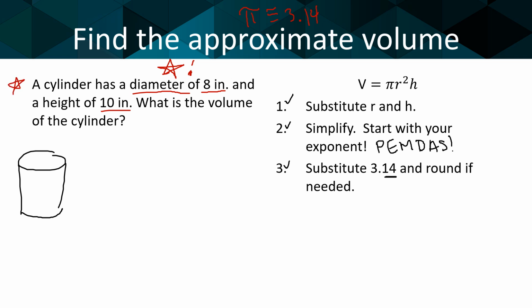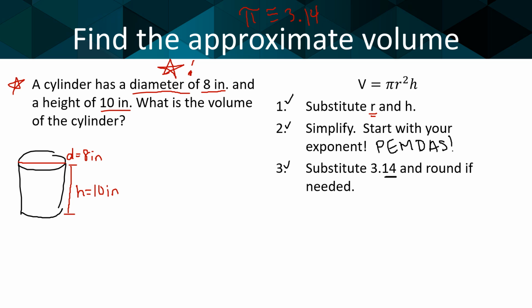We have a diameter of 8 inches, which means that all the way across, diameter equals 8 inches. And we have a height. So let's go ahead and make our little height marker. And our height is 10 inches. So step 1, actually, we cannot substitute R yet because we need to find R. What is the radius?